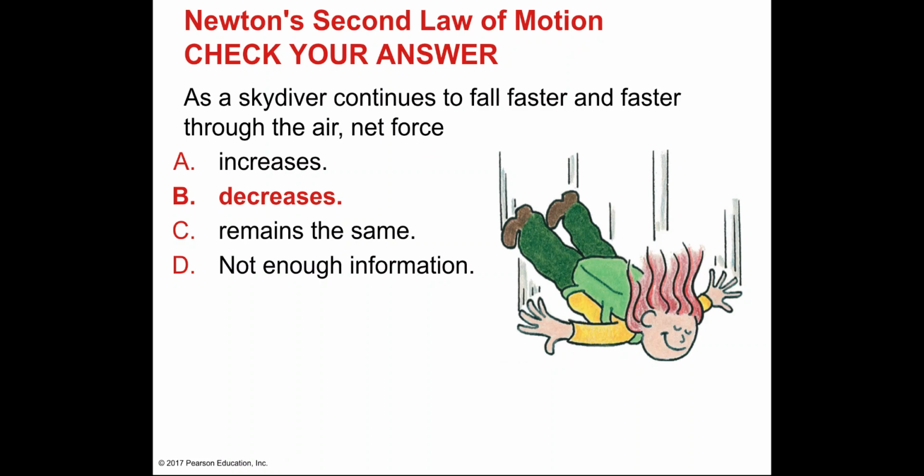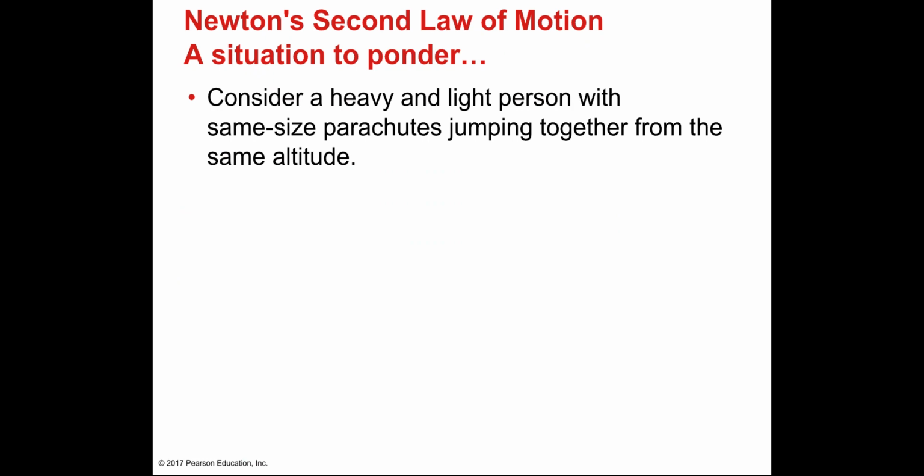The force acting in one direction is gravity, and the air resistance is acting in the other direction. So if air resistance is increasing, it is going to be decreasing the net force. As the skydiver continues to fall faster and faster through the air, obviously acceleration decreases.